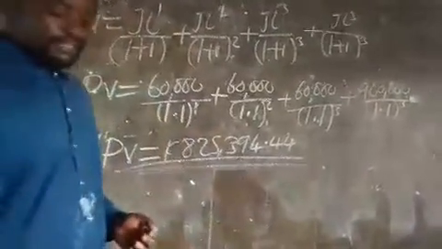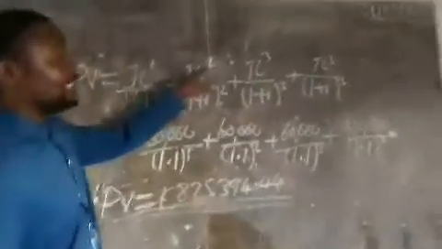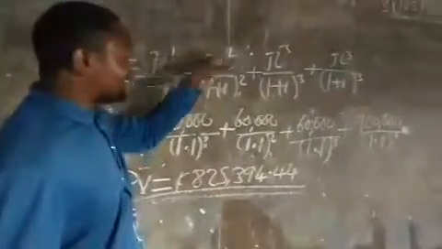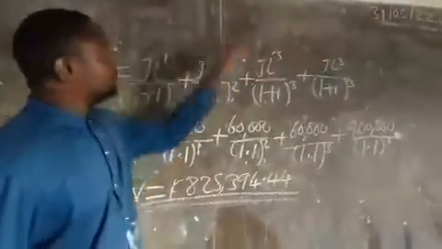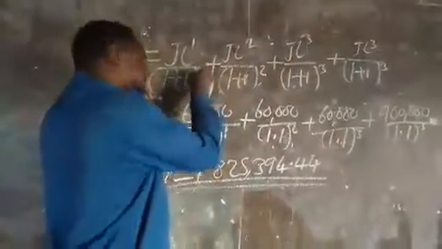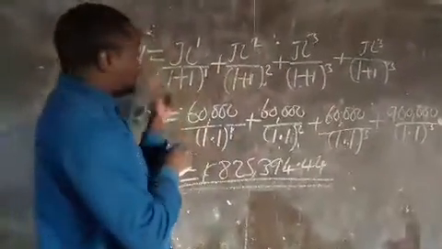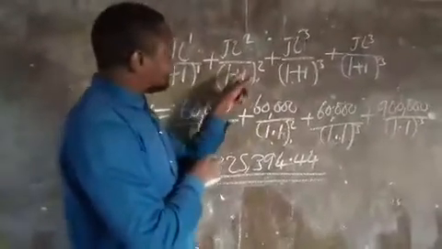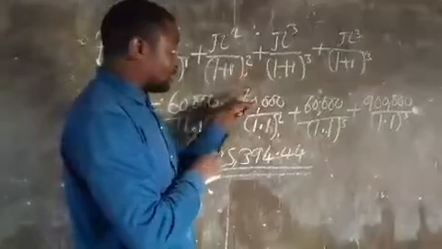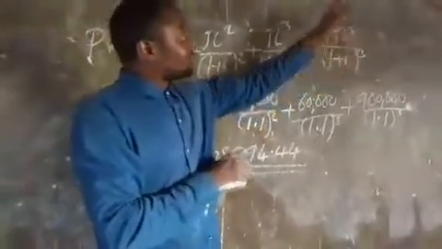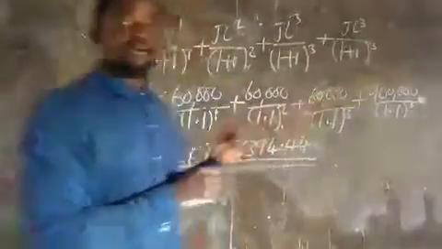Now, I want to emphasize something very important. The powers on the π do not actually implicate anything here. They stand for the year. The only thing that matters is the discount formula down here. For example, 1 plus r to the power 1 means this is the first year. 1 plus r to the power 2 is the second year. 1 plus r to the power 3 is the third year. And 1 plus r to the power 3 again means the selling value.